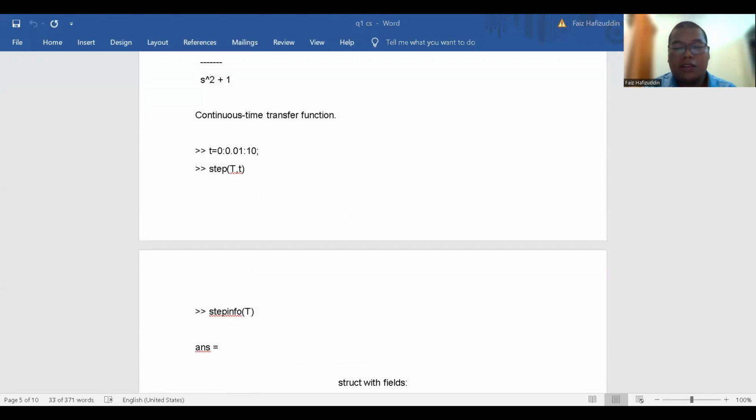So we need to clear this, and we paste. Wait for a second.